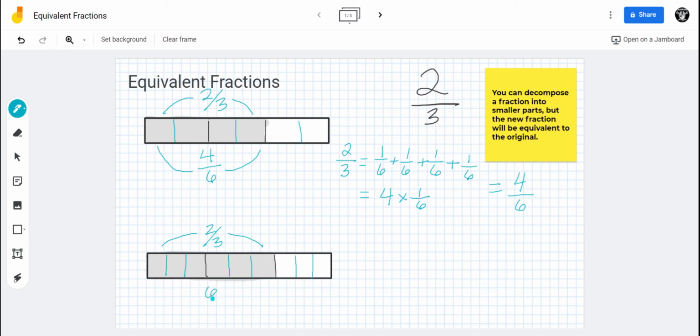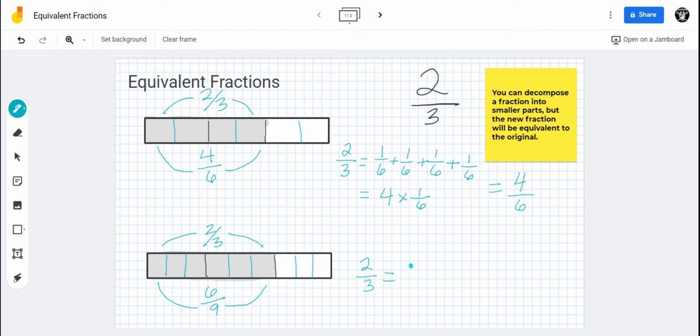So we now have 6/9, ladies and gentlemen. And there we go. So 6/9 is equivalent to 2/3, right? And so over here, we can say it like this, 2/3. Now we could add up 1/9 plus 1/9 plus 1/9 plus 1/9 plus 1/9 plus 1/9 and get 6/9 that way.